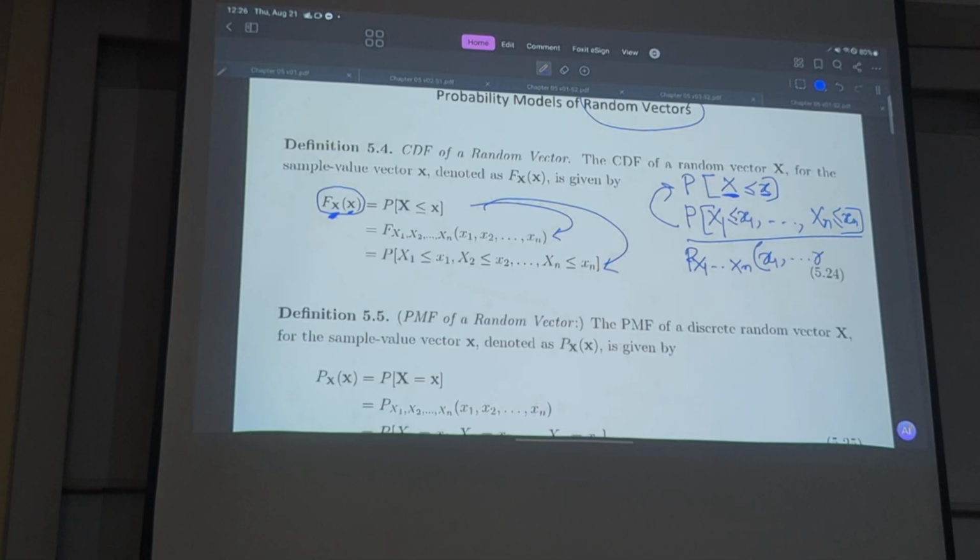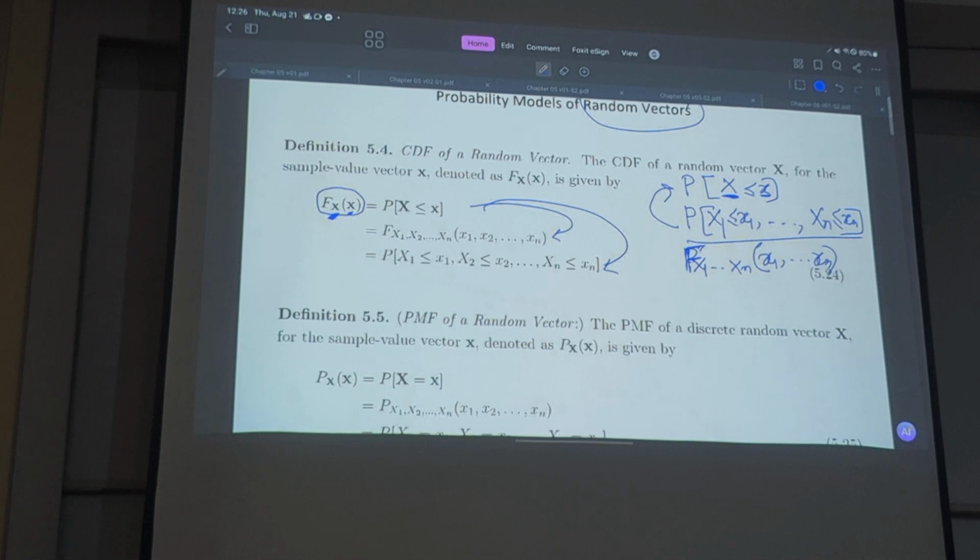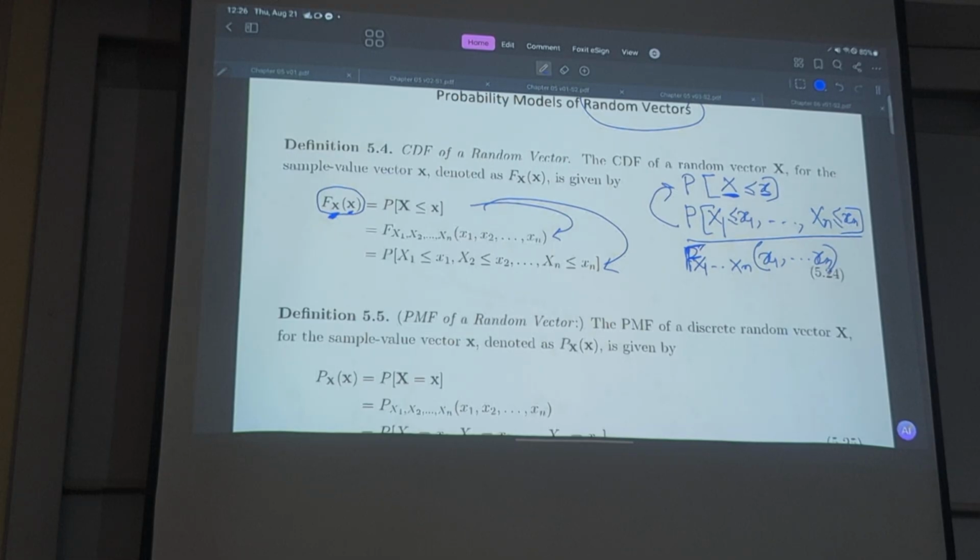Sorry, is a random vector a function like a random variable? Because a random vector explicitly represents the joint probability model of n random variables. It is not a function.